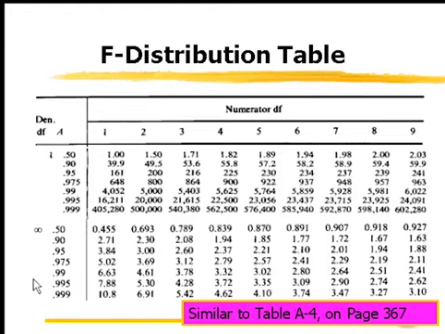As in table A4, you look across the top here, you have the numerator degrees of freedom, and on the far left-hand side we have the denominator degrees of freedom. And across here, we have 1 through, in this case, 9, whereas in the book we had 10.